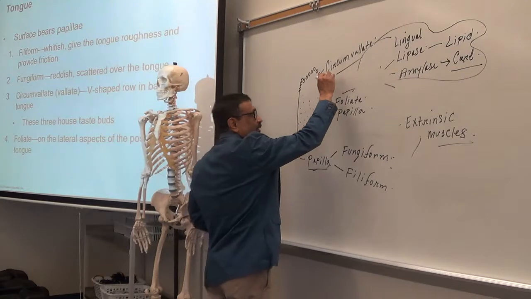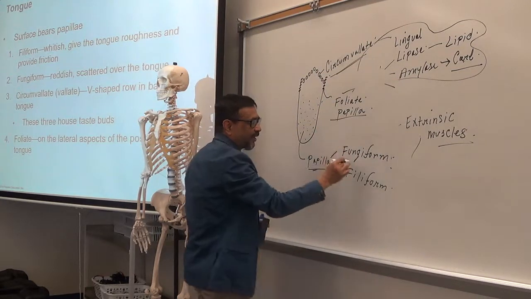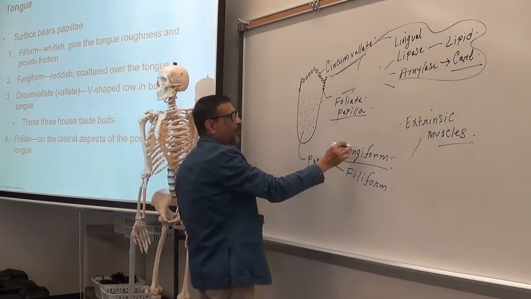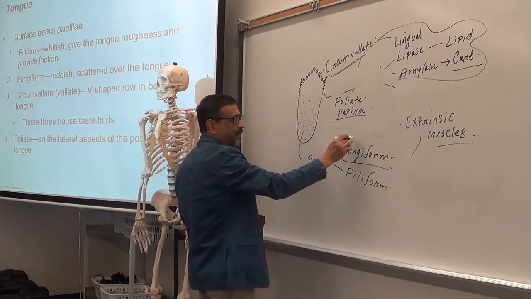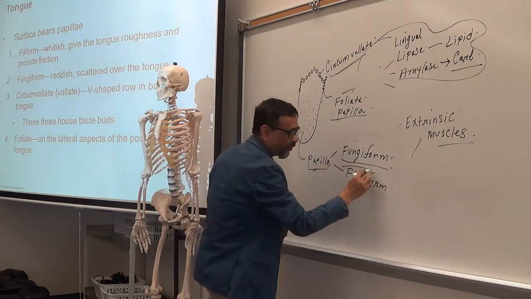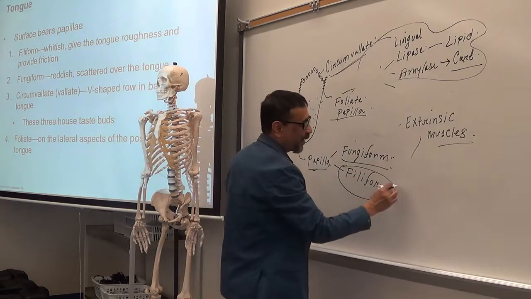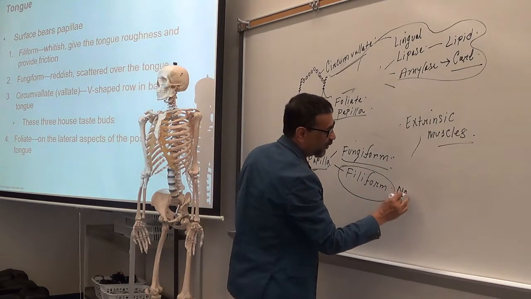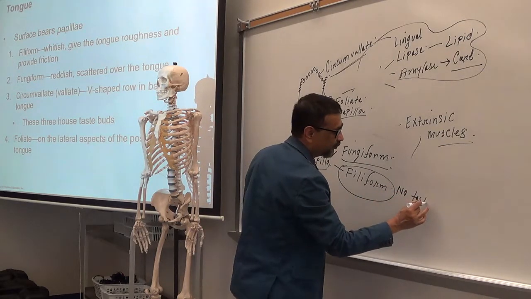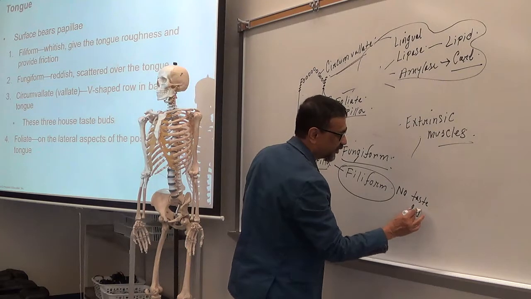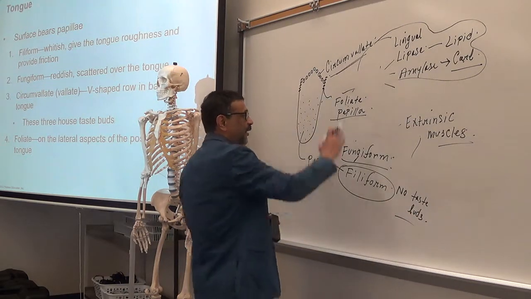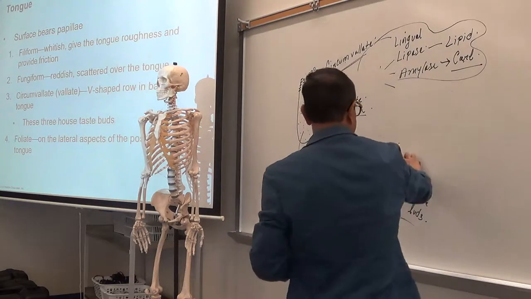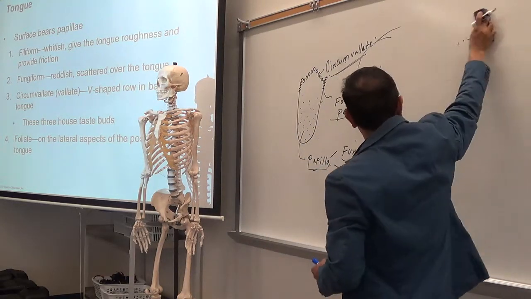In circumvallate, foliate, and fungiform, if you open the papilla, you will find taste buds. Filiform papilla have no taste buds, no taste receptors. Okay. Other 3, they have taste receptors, taste buds.